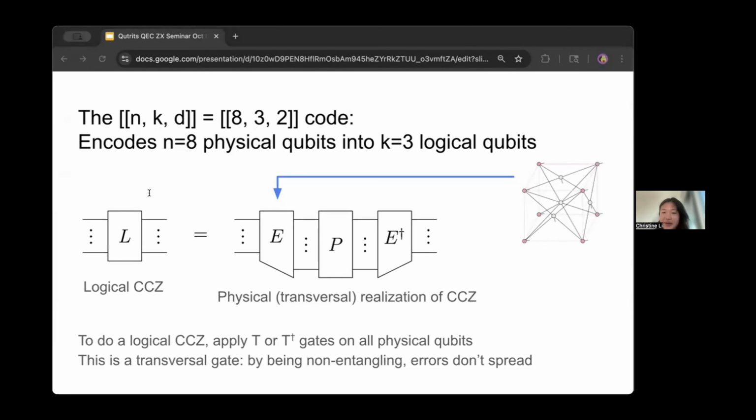What's interesting about this code is that it has a transversal implementation of the CCZ gate, which is non-Clifford, and this is implemented by applying T or T dagger gates on the physical qubits, like the 8 corners of the cube in the visualization. And this is transversal, which is really nice because it prevents errors from spreading within the code block.